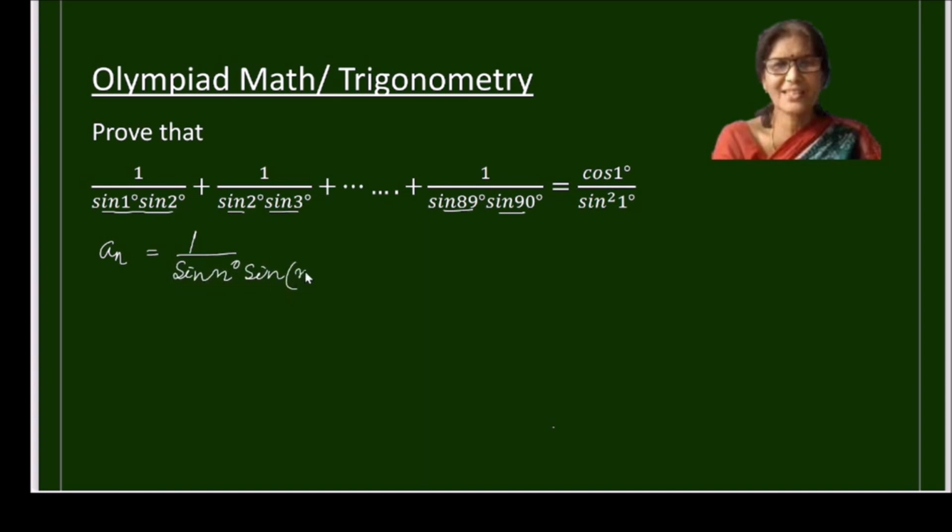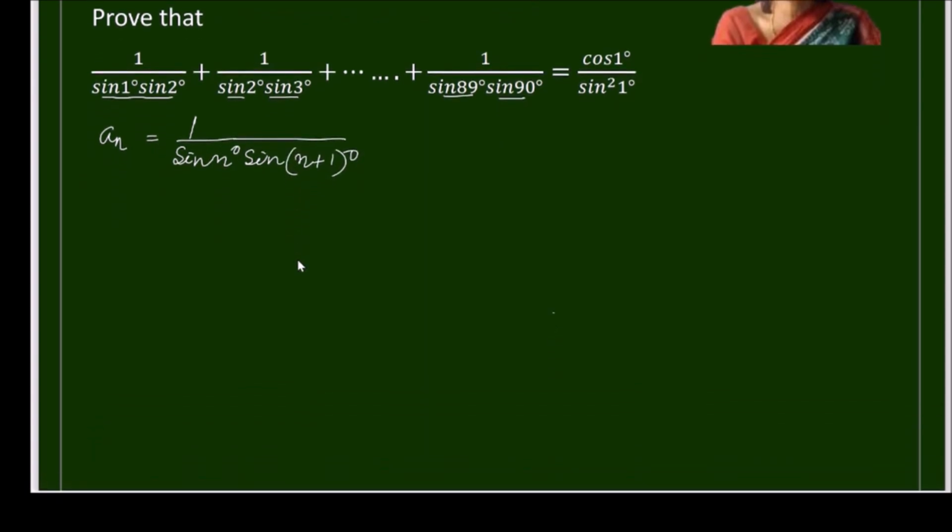multiply sine n plus 1 degree. So to simplify this, what I am doing, I am taking sine 1 degree in terms of n and n plus 1. Sine 1 degree can be written as sine n plus 1 degree minus n degree, so that it will simplify, it will give you 1 degree.